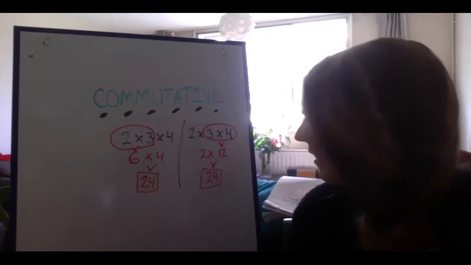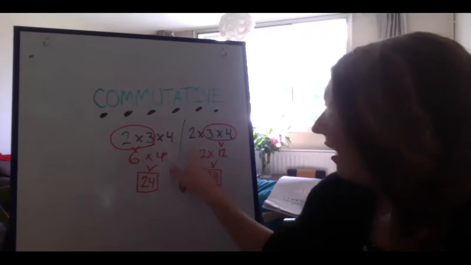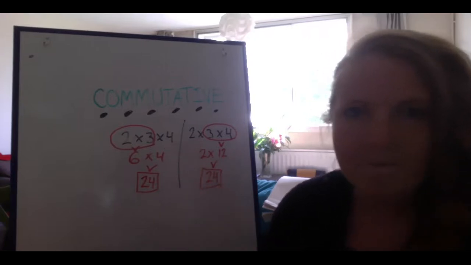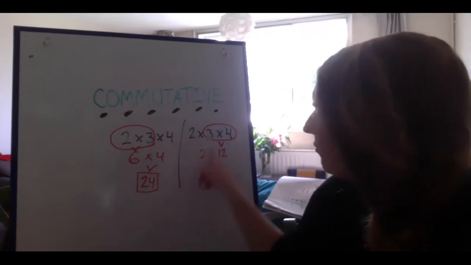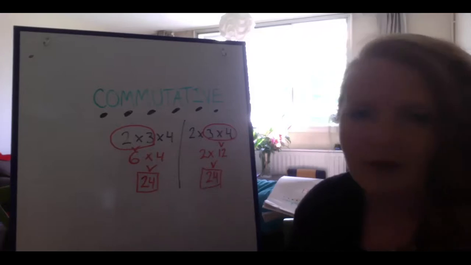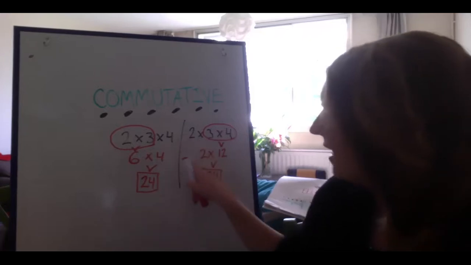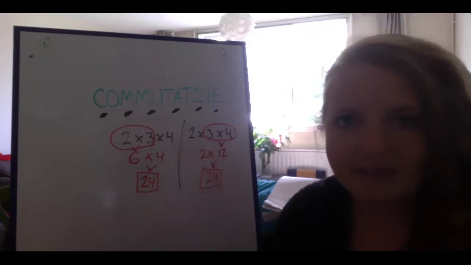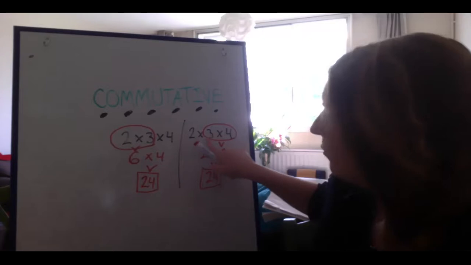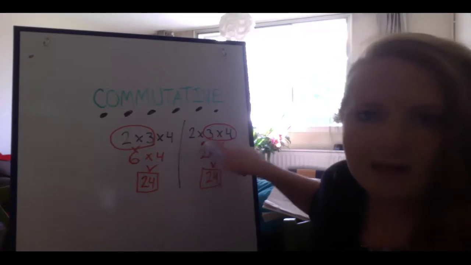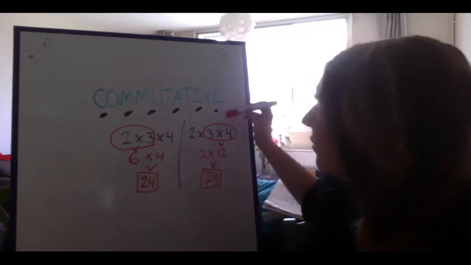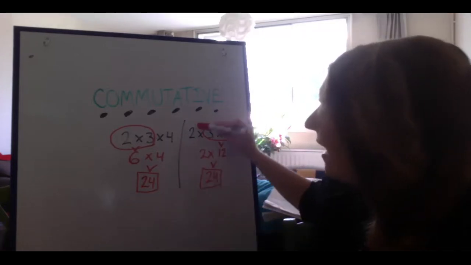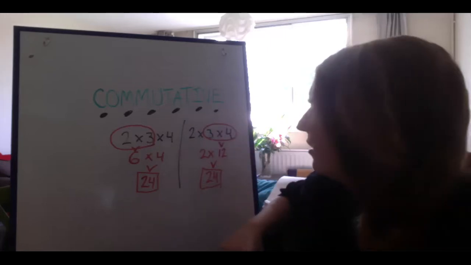Now you can see here in the second equation, I've been able to solve that much faster because I have strong times table knowledge on 3 times 4 and then my doubles. And sometimes it is easier doing these if you first multiply the 2 factors with the greater value. So in this case, 3 and 4 have a greater value than 2.